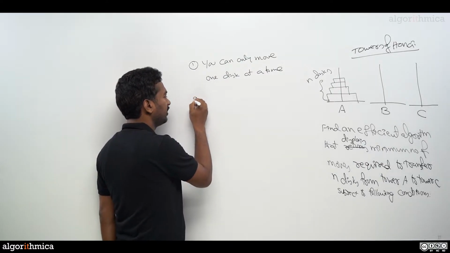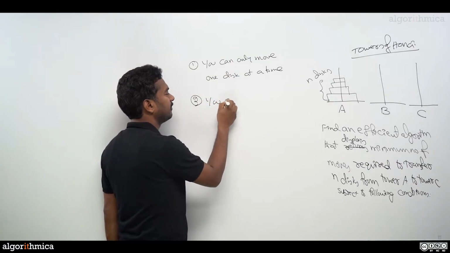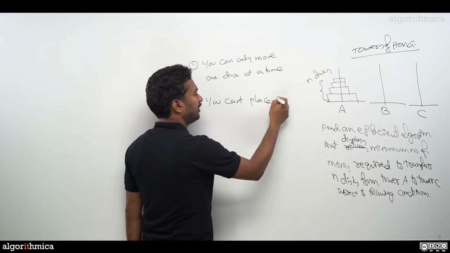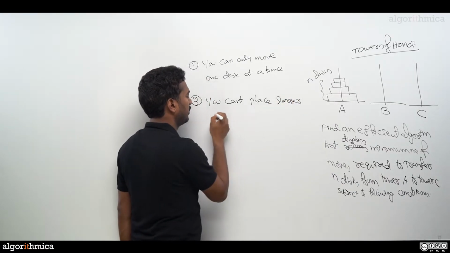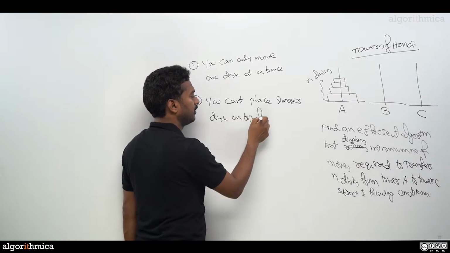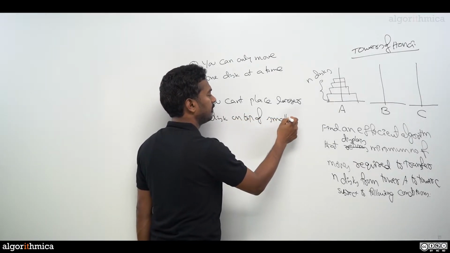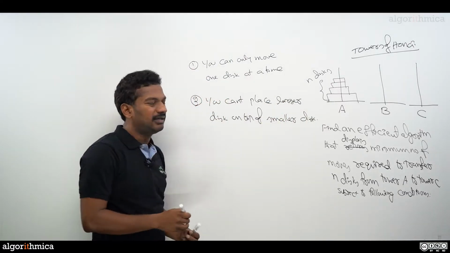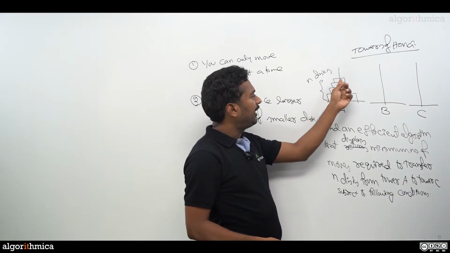The second restriction is that you cannot place a larger disk on top of a smaller disk. Let's see what this means.